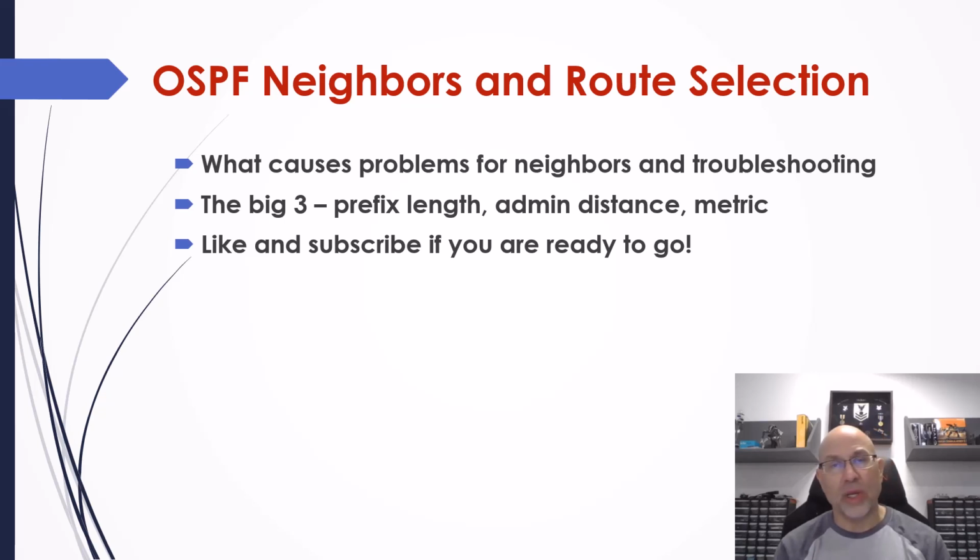Remember, when you are working with route selection, it's the big 3. Prefix length is number 1, the big dog. So if the prefix length is long, then that's the one that we want because it's most specific when compared to one that's, say, classful.